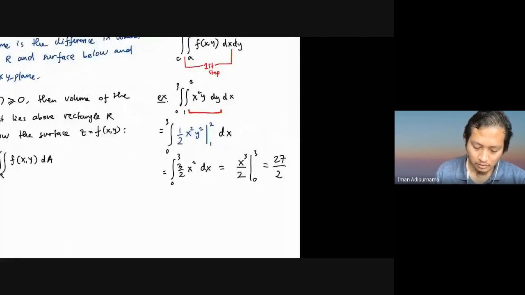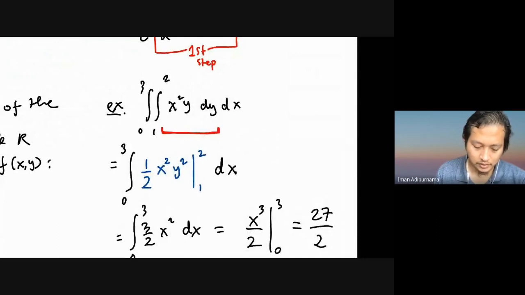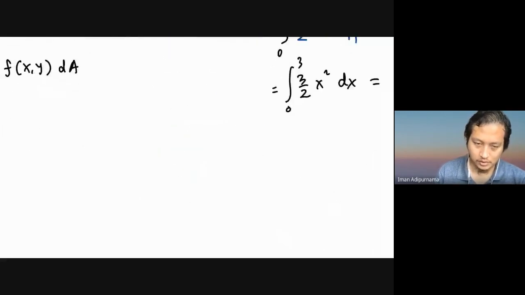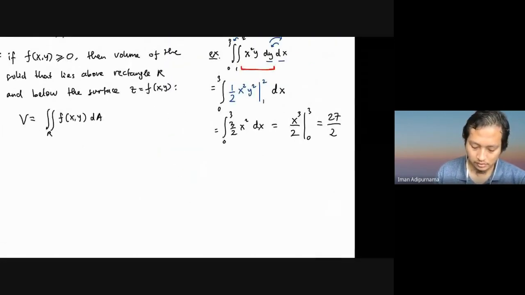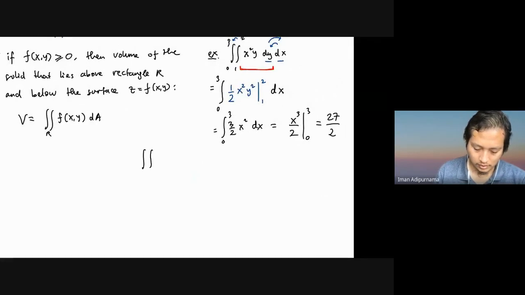Now look at the equation here. This is dy dx. What is happening when we change this and also this? It becomes 1, 2, 0, 3, the same equation, but it's dx and dy.